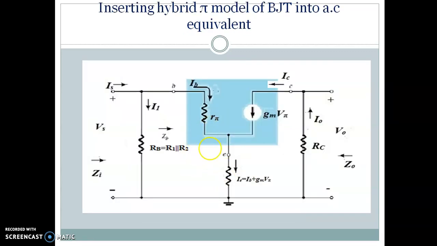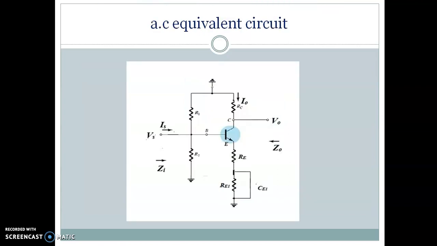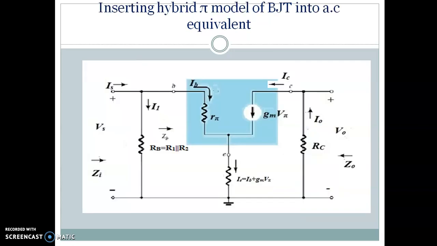Once we draw the hybrid pi model, you could see this hybrid pi model is similar to that of your emitter bias, because your Re1 has now no effect because Re1's role is bypassed. So only we got the Re effect. So this is similar to your emitter bias. Here Rb is now R1 parallel R2.